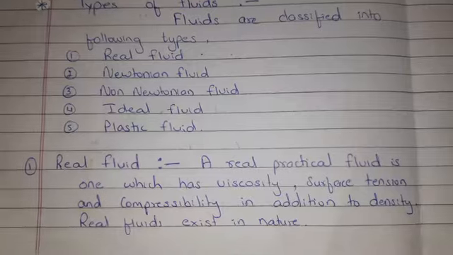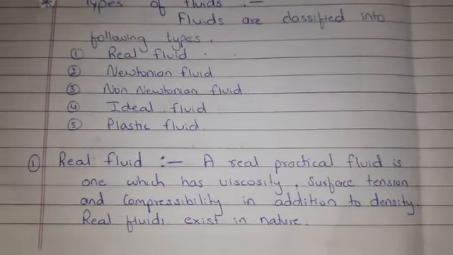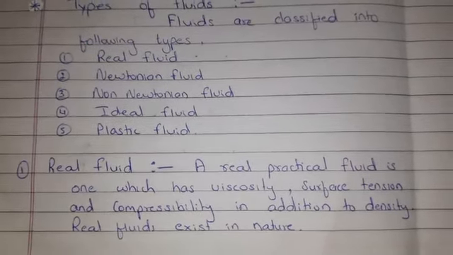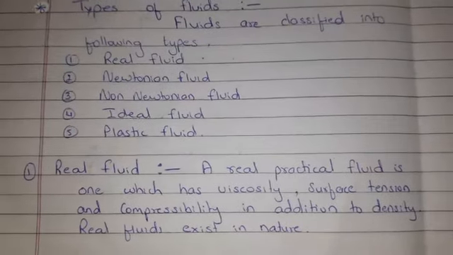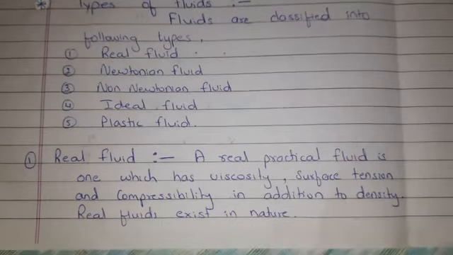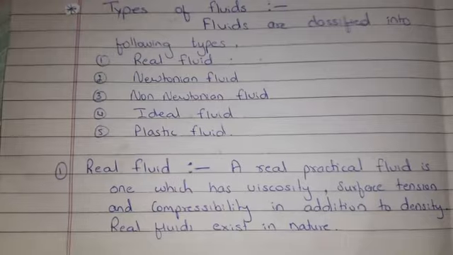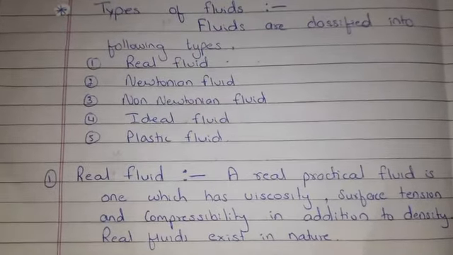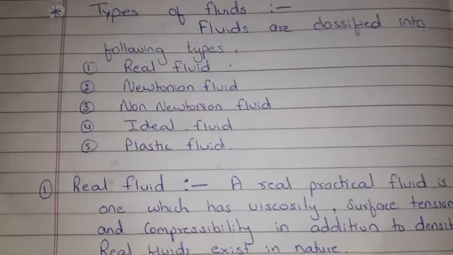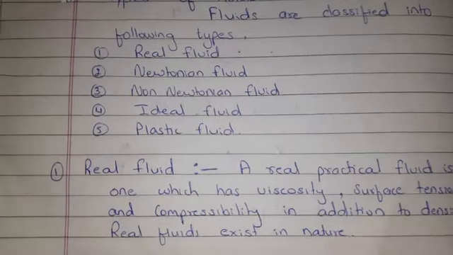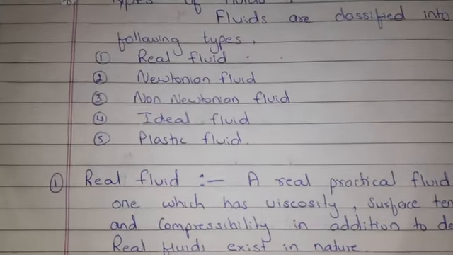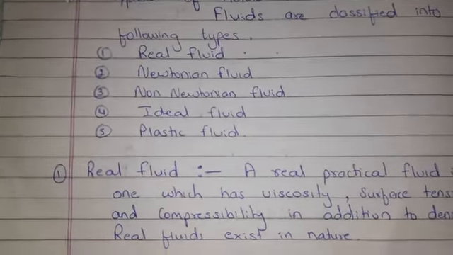It is a fluid which has viscosity, surface tension, and compressibility in addition to density. So what do you mean by viscosity, surface tension, and compressibility? One by one I will explain to you.